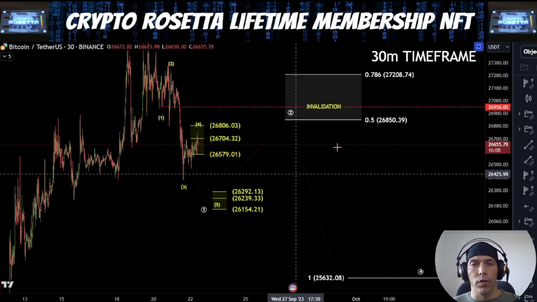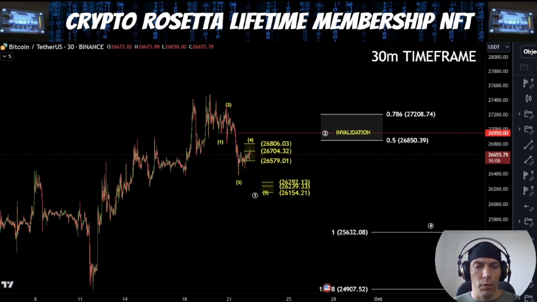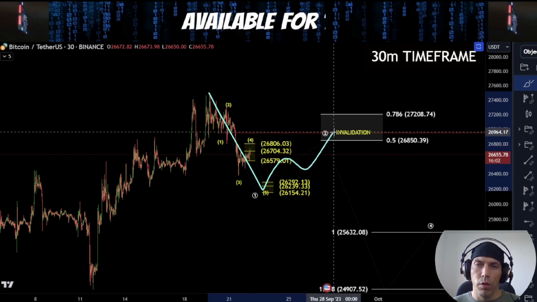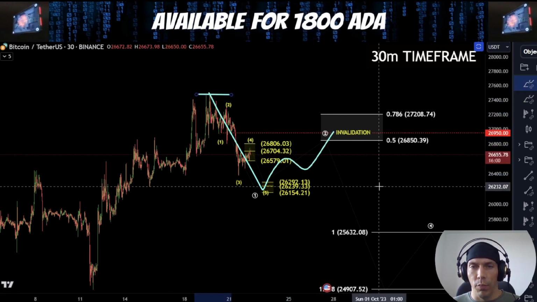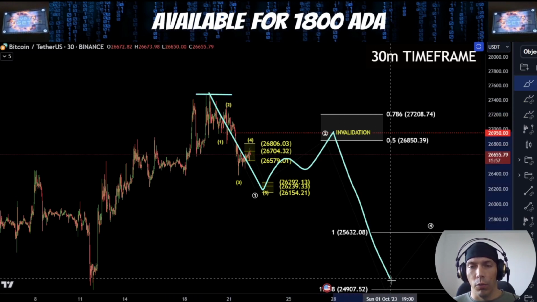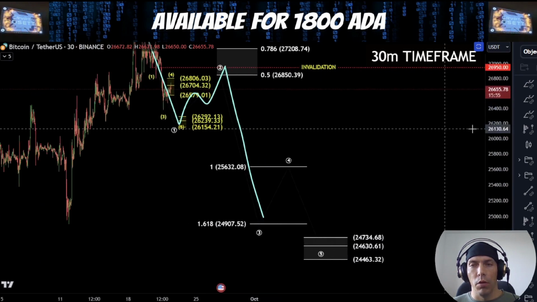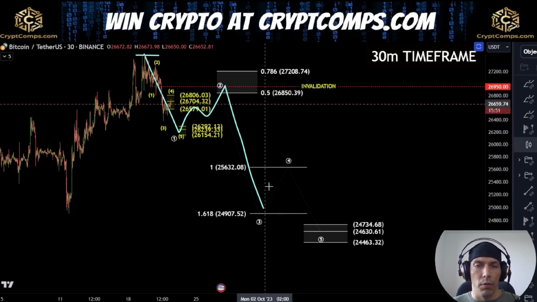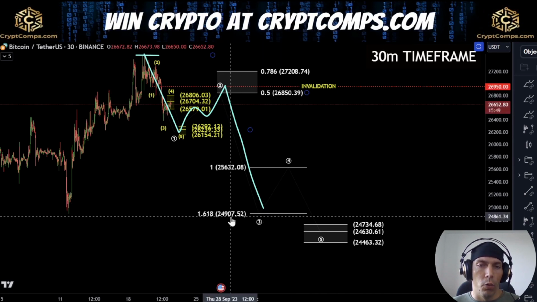Now, the idea with this is that this would then form our wave 1. So we'd get all of this as a wave 1. We get a 3-wave move to the upside, not moving back above this high, and then look for this bigger wave 3 to the downside, where effectively our 1.618 off of that 50% level would be here at this 24,709.